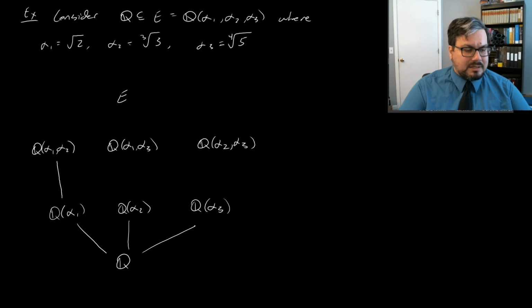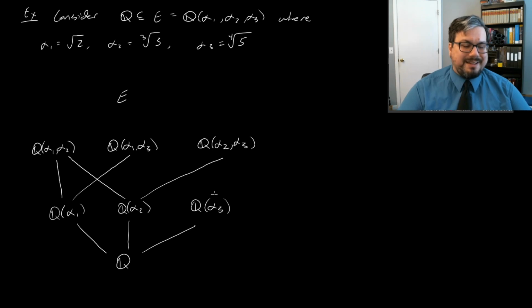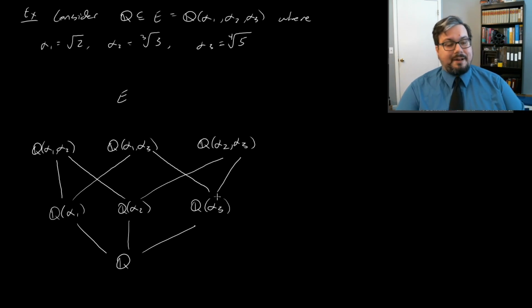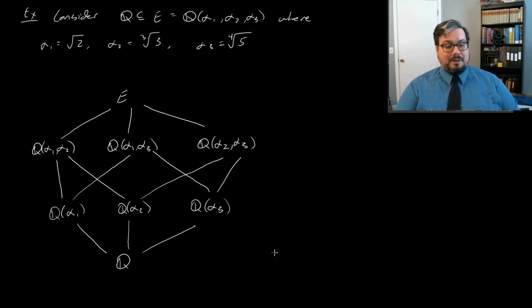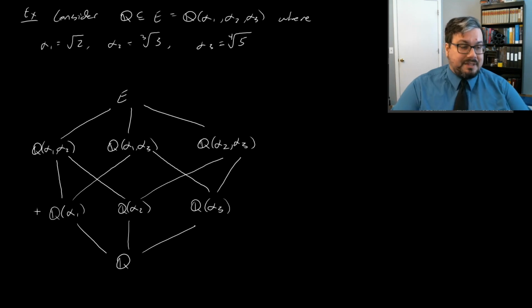Q(α1) is contained in Q(α1, α2) and Q(α1, α3). Q(α2) is contained in Q(α1, α2) and Q(α2, α3). And then Q(α3) is contained in Q(α2, α3) and Q(α1, α3). And these three are all contained in the top. And we would like to fill in the degrees of all of these extensions.